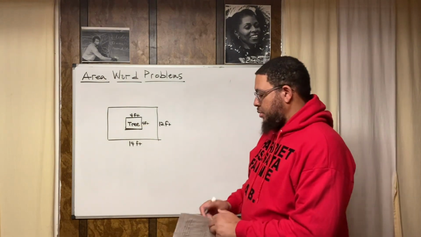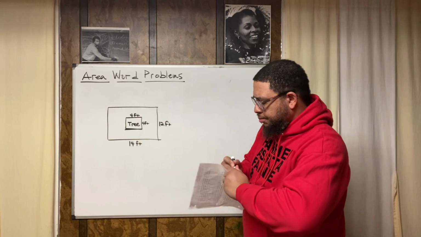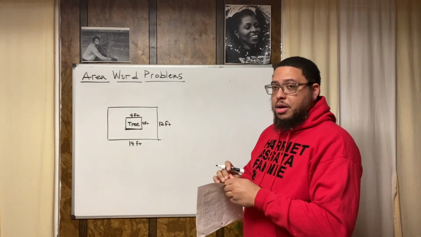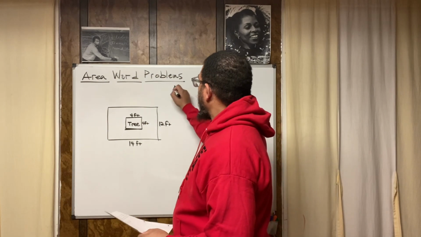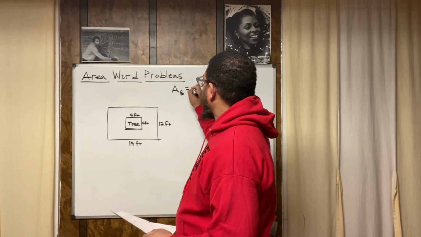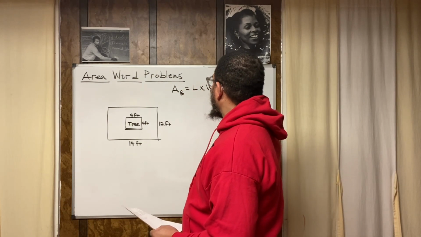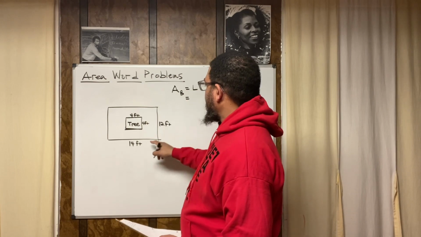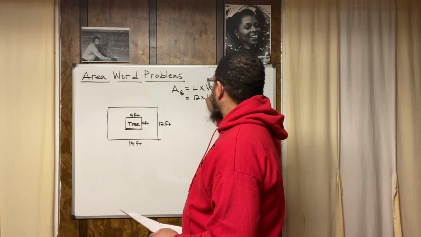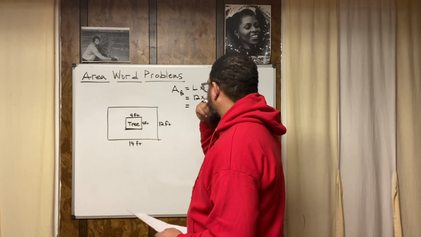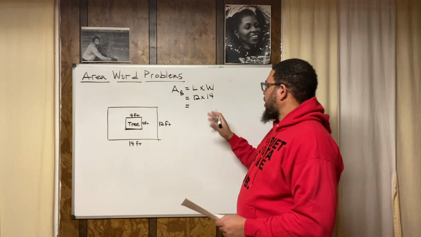So the larger object is going to be, if I can get my cap off my marker, we say area of bench is going to be length times width, and the length is 12 and the width is 14. So we've got 12 times 14.